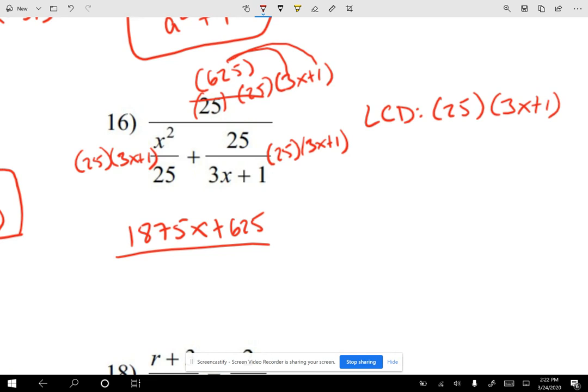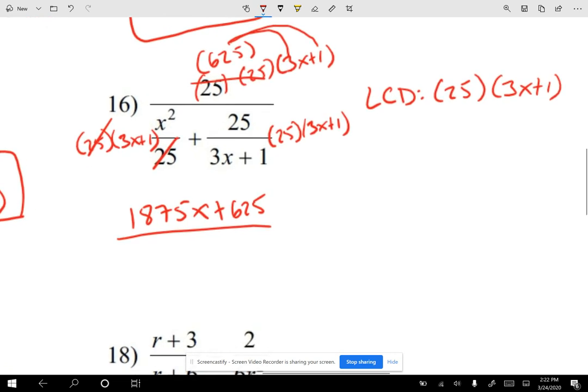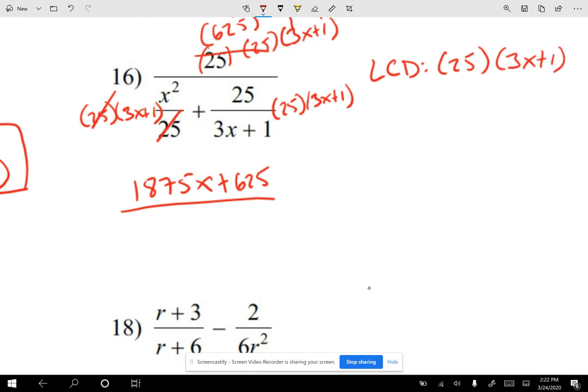Now looking at the bottom, my 25 and my 25 cancel out. So I'm going to multiply 3x plus 1 with x squared. So that's going to give me 3x to the third plus x squared. Now looking at my second fraction, good thing I have a plus. I don't have to cancel things out. The 3x plus 1 with the 3x plus 1. 25 times 25, that's going to give me 625.